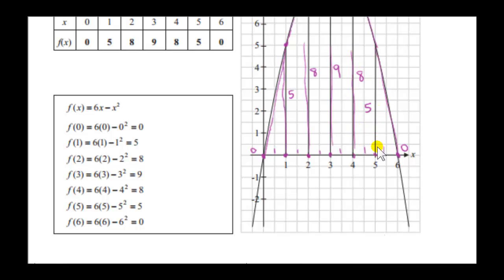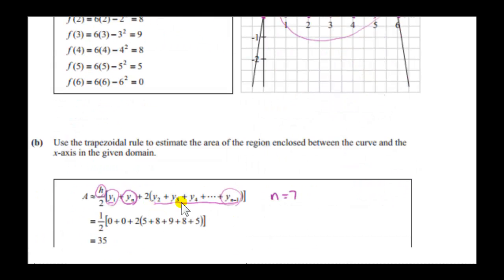So we're just summing all of them: 5 plus 8 plus 9 plus 8 plus 5. So we just sum all the ones in between the first and last heights, and we multiply by 2. So if you calculate this, you'll get the area of all the trapeziums which approximate the area under the curve. That area is 35.